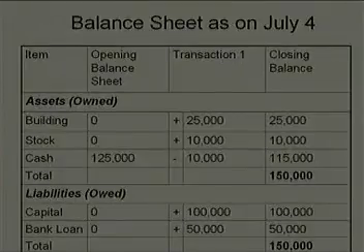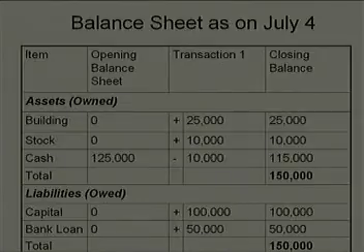How will it get reflected in your balance sheet? Now whenever you have purchased this, you have added it to your stock. So stock under asset is increased and its value is now 10,000. And you will find that the cash has come down further from 125,000 to 115,000.